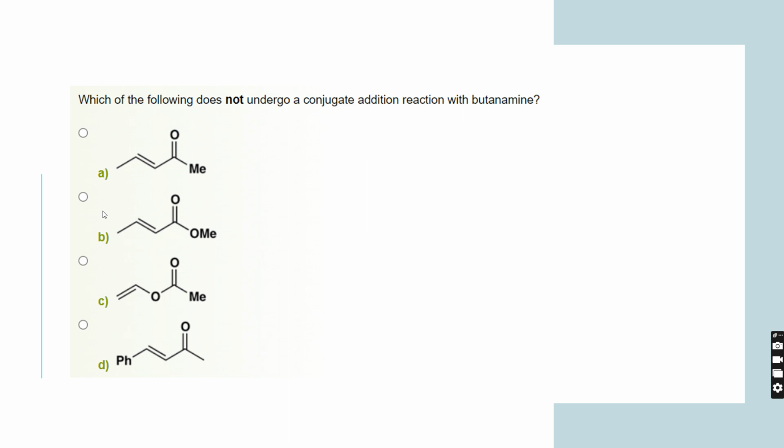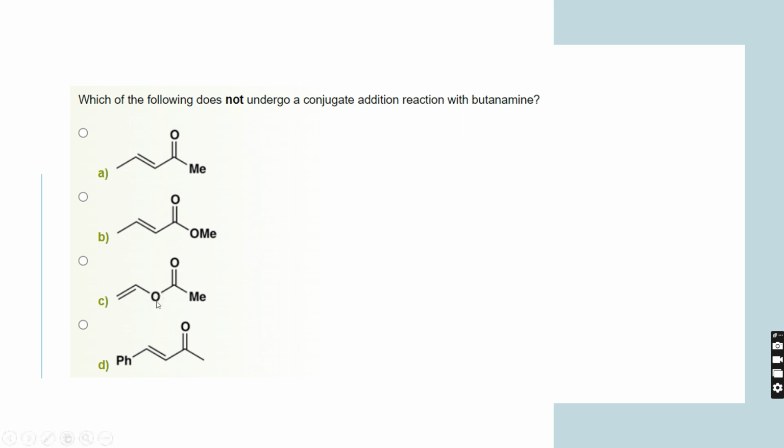Either option C or D will be our answer. Out of these two, if we see in option C, what are we seeing? We have this double bond adjacent to an oxygen atom, which contains two lone pairs of electrons.